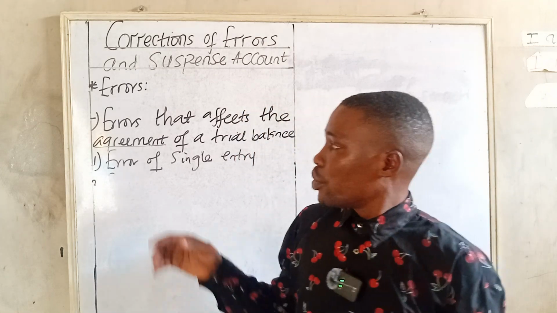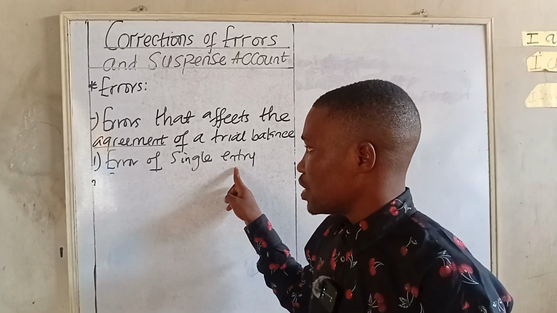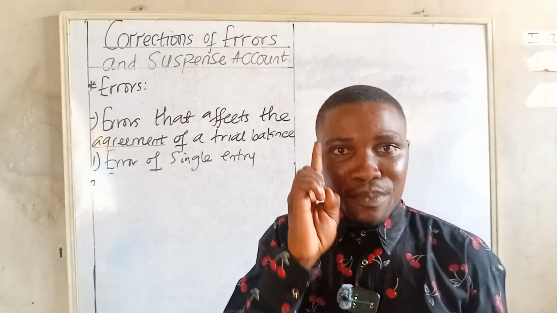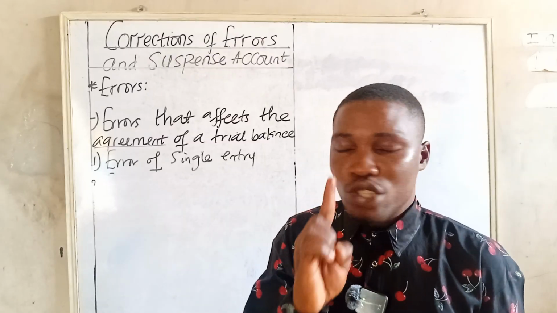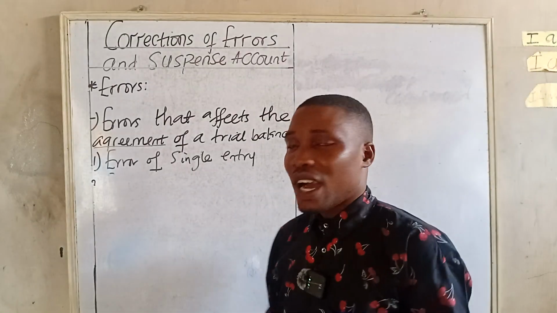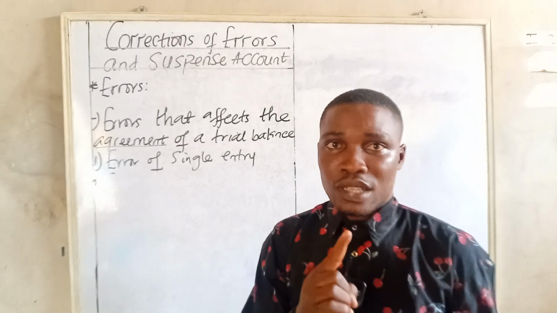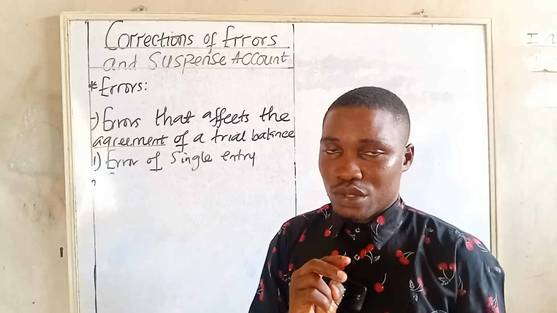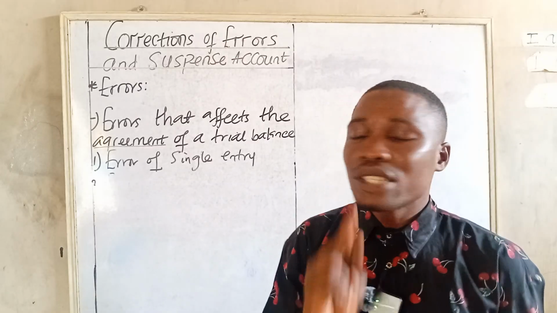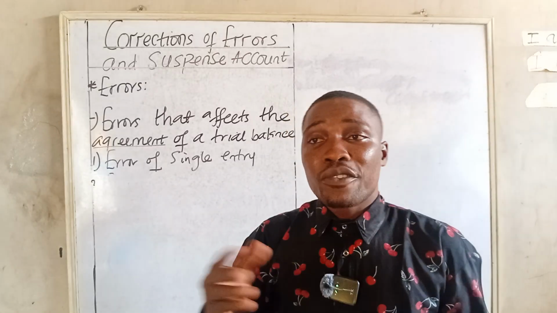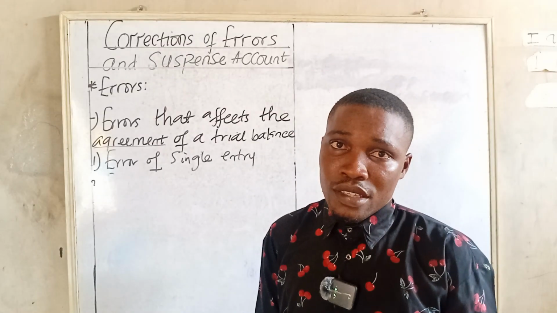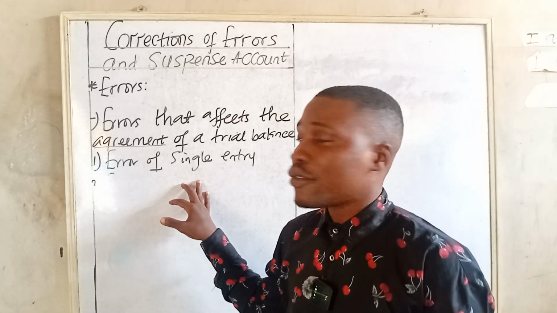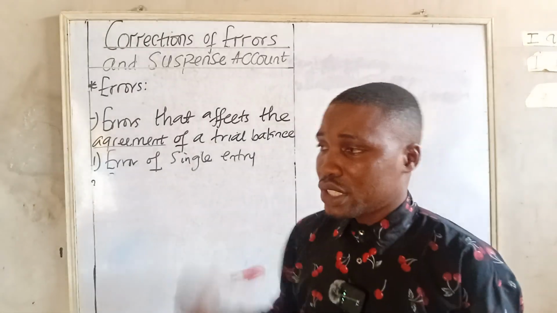Listen again. We call it error of single entry. It means that you only record just one aspect. You know that a transaction has two aspects, like the debit and the credit side, two accounts. But you only record one. Maybe you forgot to record the second leg. If such a thing happens, we call it error of single entry.